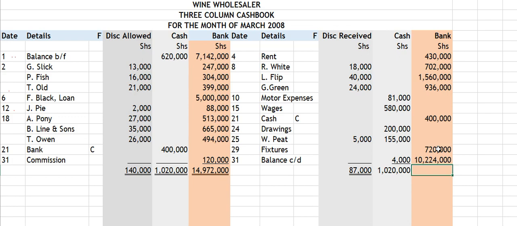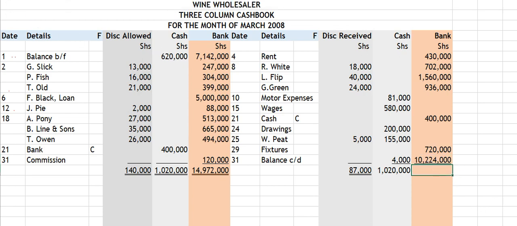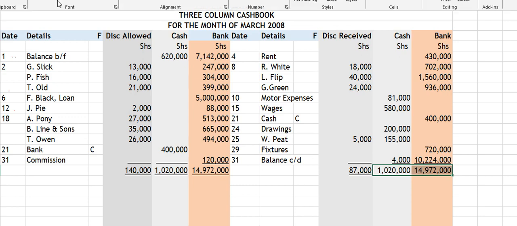You come up with 10,224,000. That is your bank balance for the wine wholesaler. So insert the balancing figure on the smaller side to make both the debit and the credit side totals equal. So this is our 3-column cash book balanced.